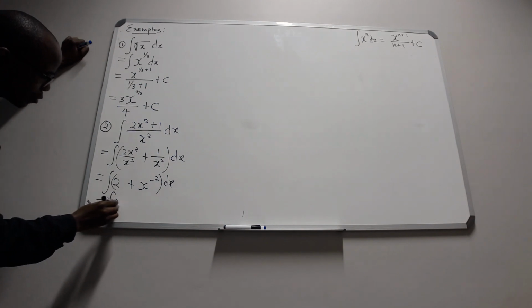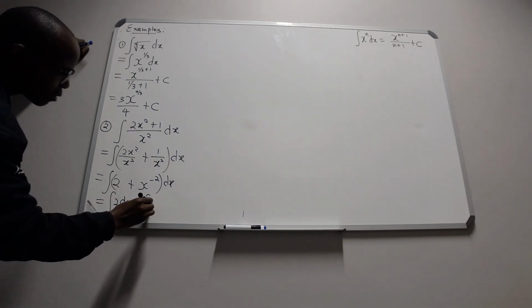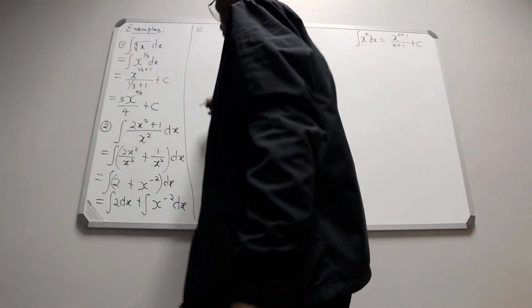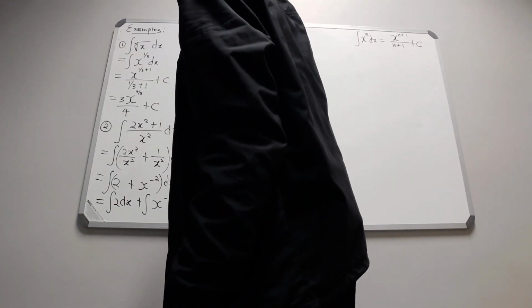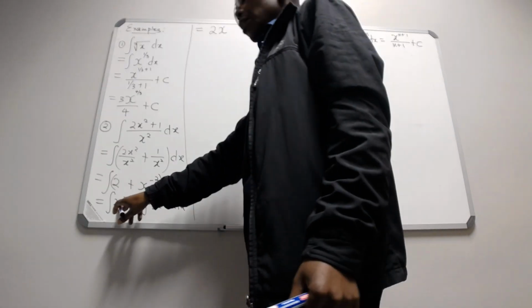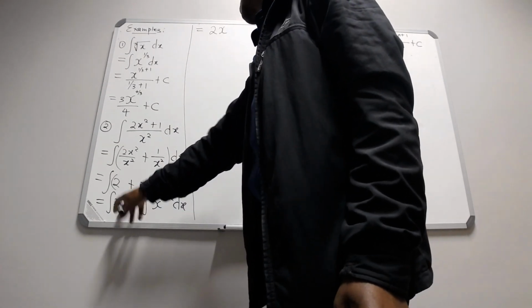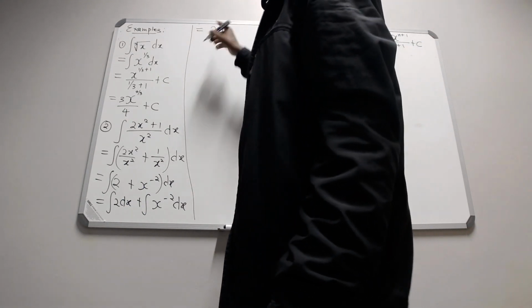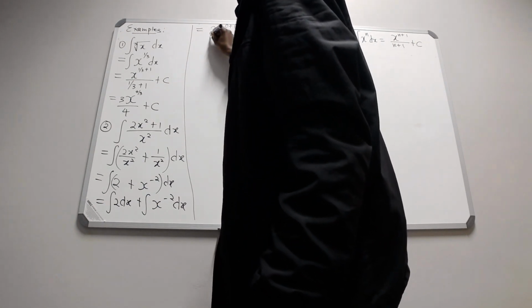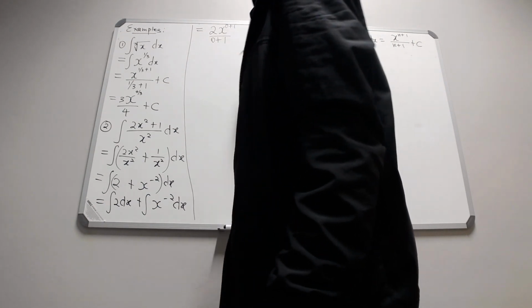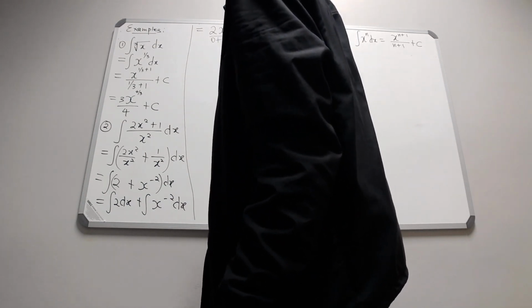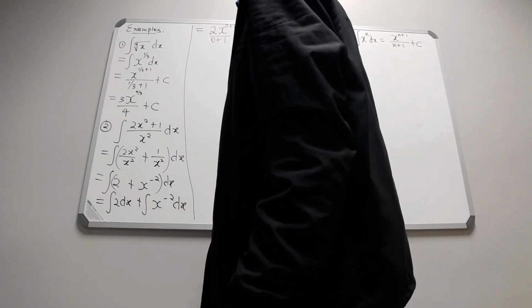This is the integral of 2 dx plus the integral of x to the minus 2 dx, which is going to give us 2x, because this is like x to the exponent of 0. So in other words, 1 is the same as x to the exponent of 0, then we add 1 there. We divide by 0 plus 1. Then plus x to the minus 2 plus 1 over minus 2 plus 1.